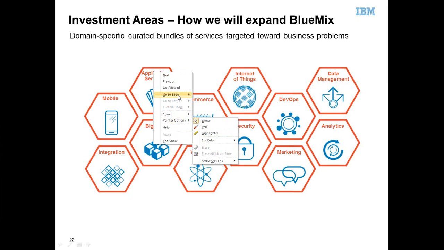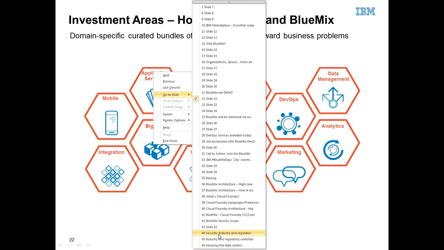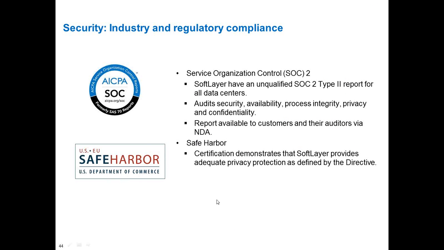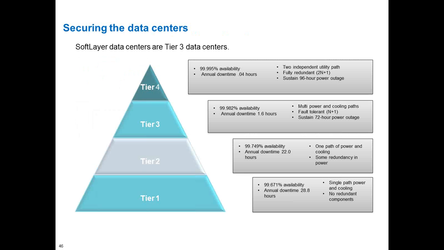IBM BlueMix is a highly secure environment. So I had some slides in the backup one I didn't intend to show, but I'll just quickly show a couple of them. IBM BlueMix environment is certified for industry and regulatory compliance by multiple authorities, all the top players in that compliance space, like AICPA or payment card industry data standards or Federal Information Security Management standards, compliant with multiple standards.